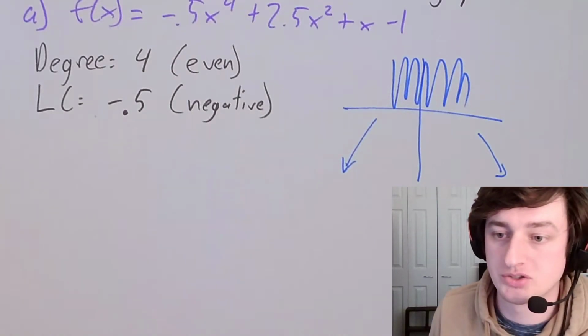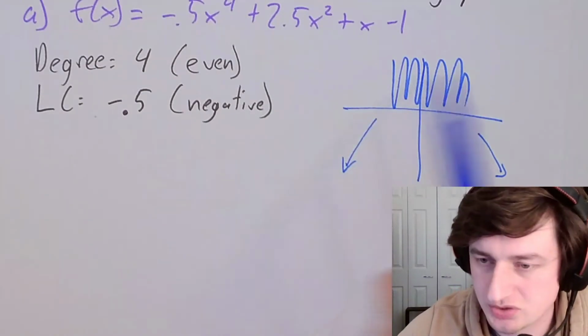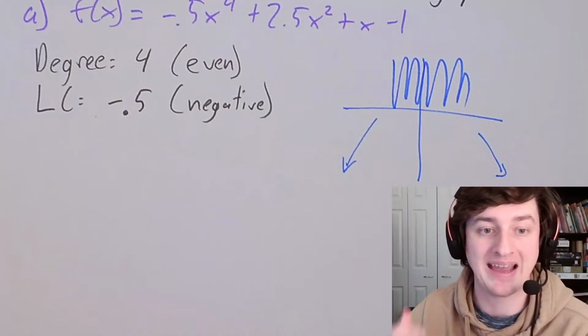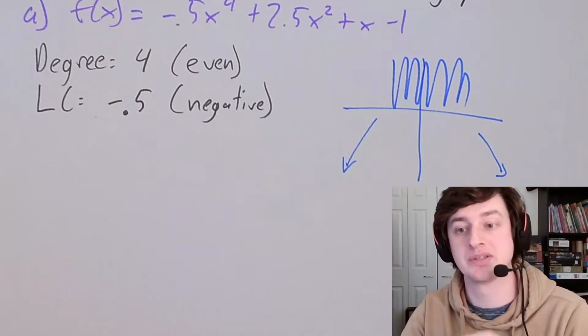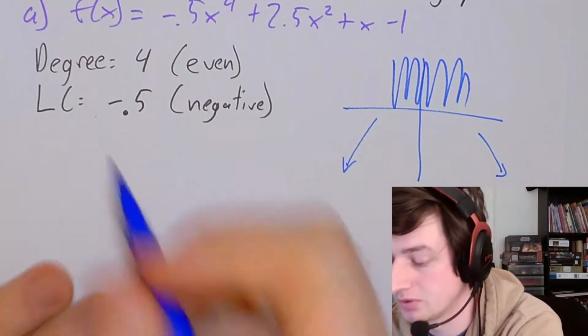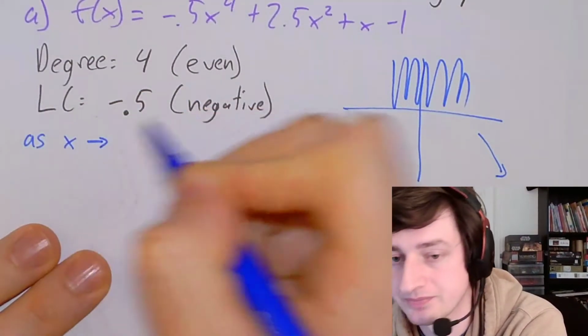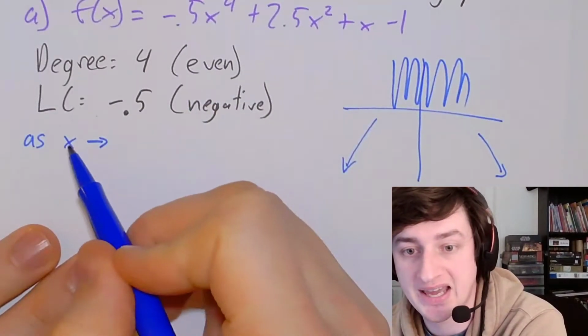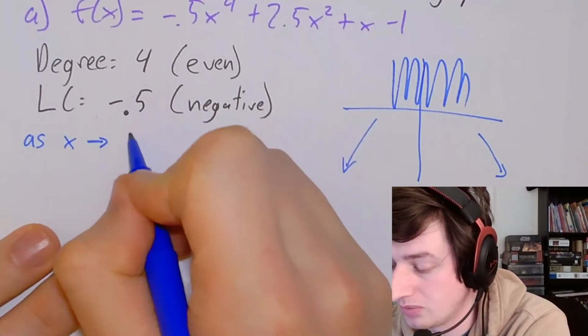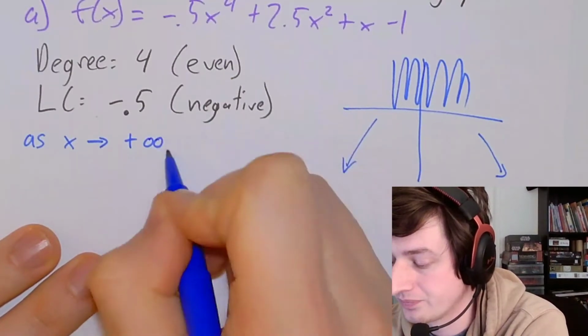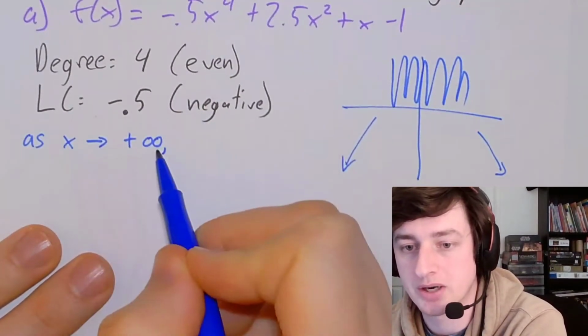Okay. And so our answer is not this graph. Our answer is math language to describe what happens as we go to the right and as we go to the left. So what we write is x approaches, this little arrow means approaches, x goes to positive infinity. This just means as we go to the right on our graph.